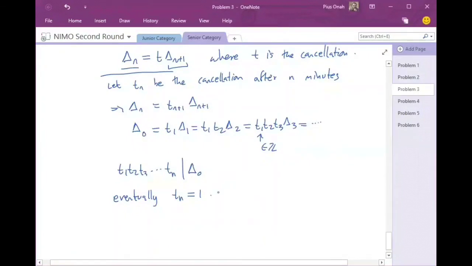To prove this properly, we could just use contradiction. Suppose not, then there are infinitely many terms that are not 1, say T1, T2, T3.